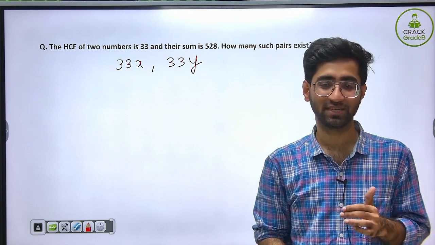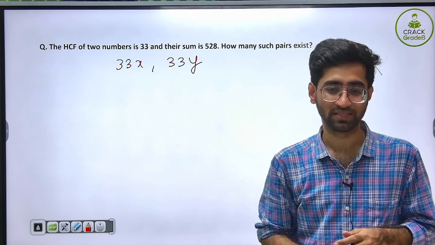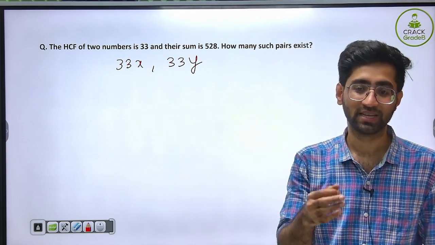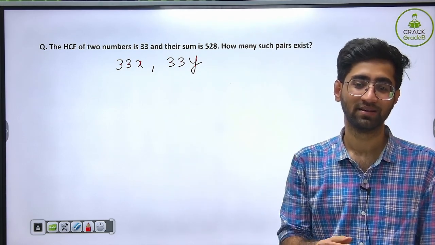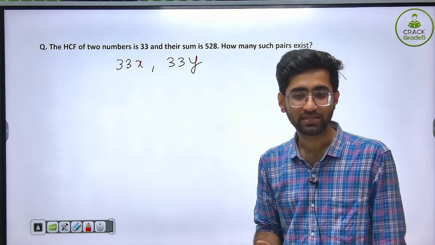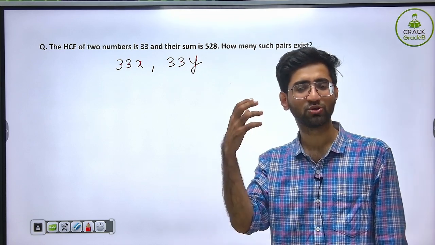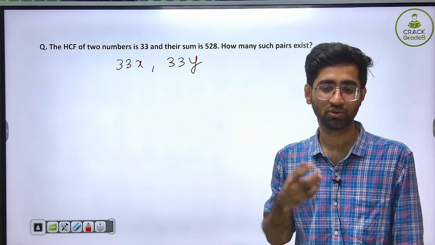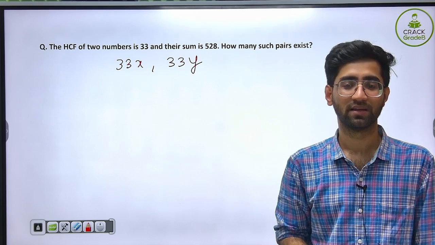HCF is the largest number that can divide those numbers, right? So if the HCF of two numbers is 33, means 33 is the largest number that can divide those numbers. Means those numbers are somehow multiples of 33. So 33x and 33y, right?